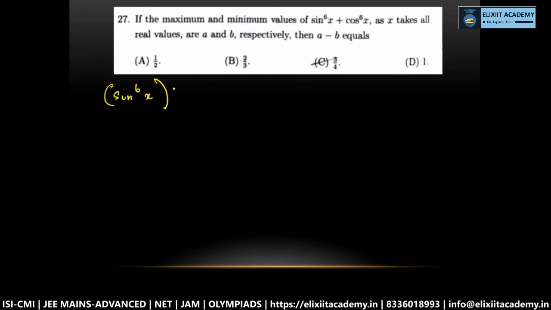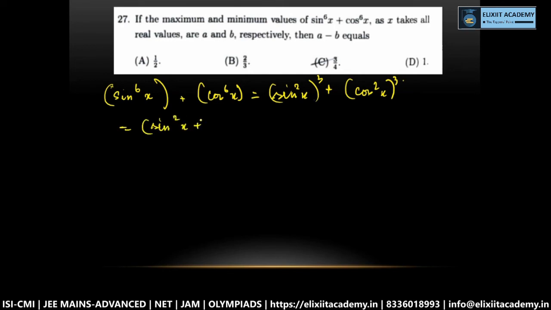Sine to the power 6x plus cos to the power 6x, we can write this as sine square x whole cube plus cos square x whole cube, and we break this using the formula of a cube plus b cube. So this is sine square x plus cos square x whole cube minus 3 sine square x cos square x multiplied by sine square x plus cos square x.